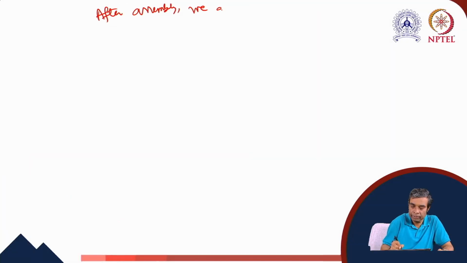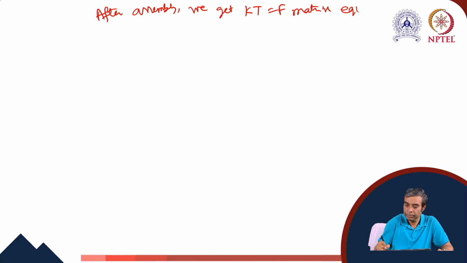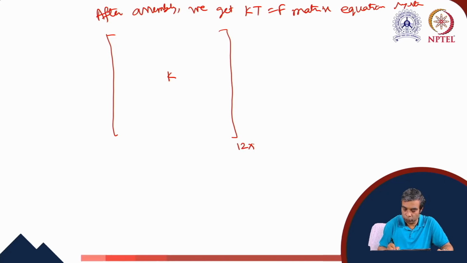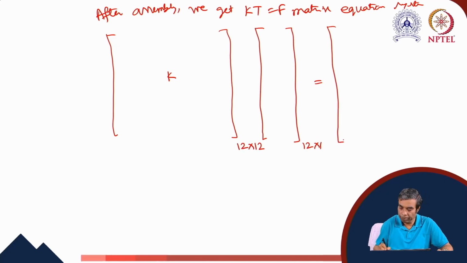We get KT equals F, the matrix equation system, where this is your matrix capital K. This will be a 12 by 12 matrix, a 12 by 1 unknown displacement vector, and then we have the known right hand side vector. This is again of 12 by 1 size. So this is the load vector or force vector.